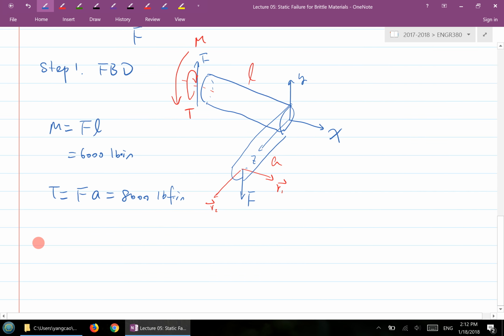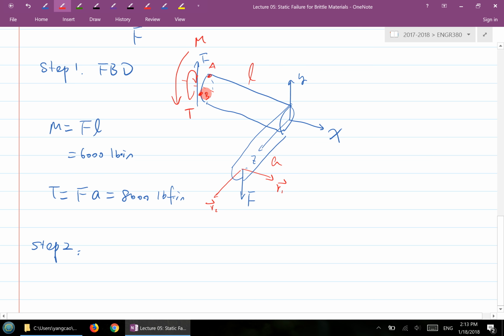Now, step number 2 is that we look at locations A and B and analyze the loading conditions there. Remember, A and B are the locations here and here.